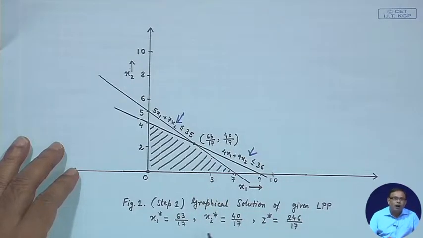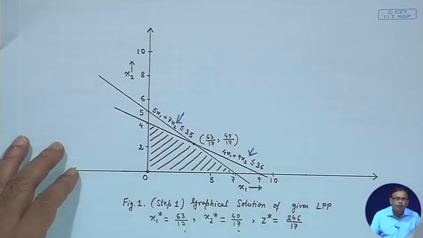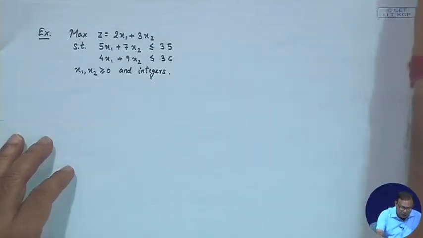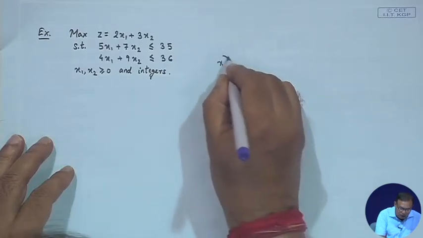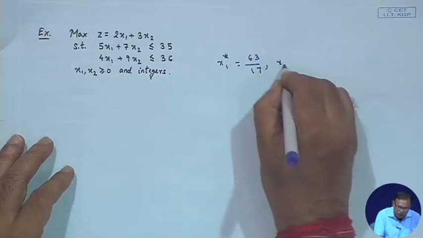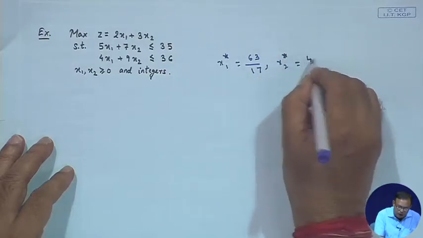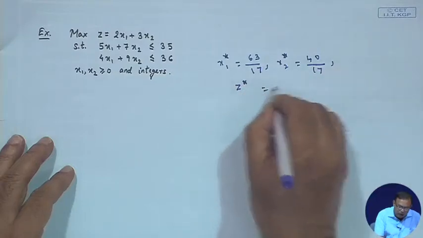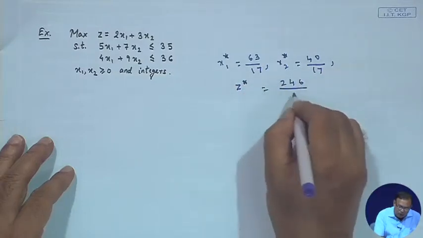Therefore, after the graphical solution of the original problem, we obtain x1 star equals 63 by 17, x2 star equals 40 by 17, and z star, or z max, equals 246 by 17.